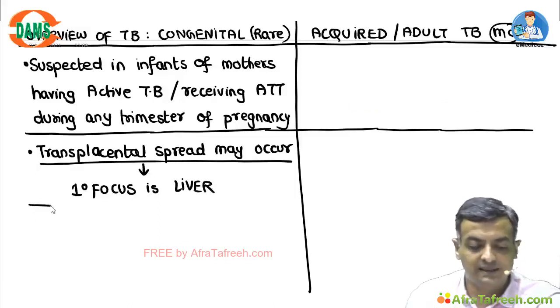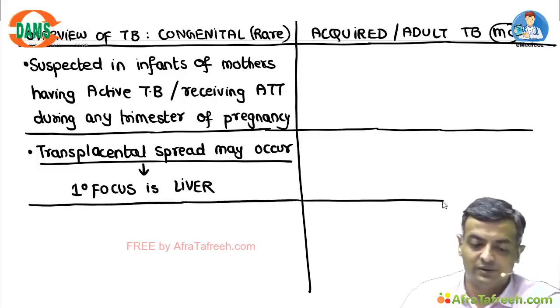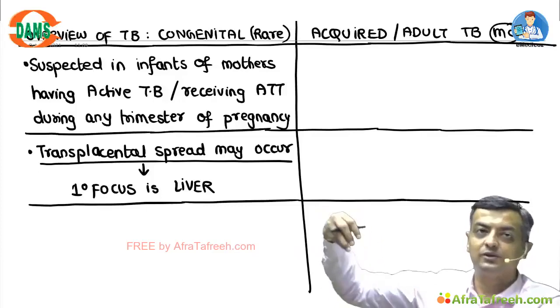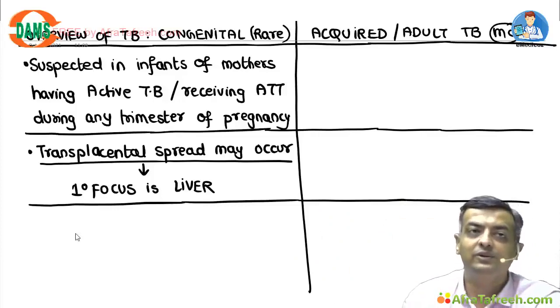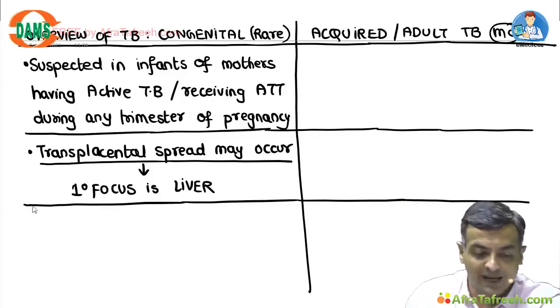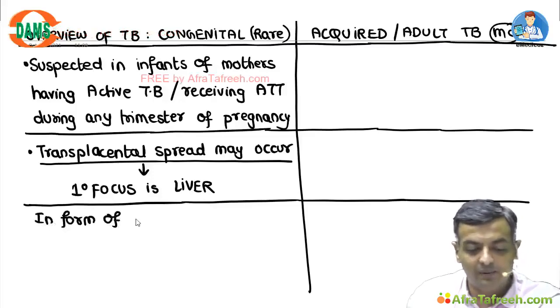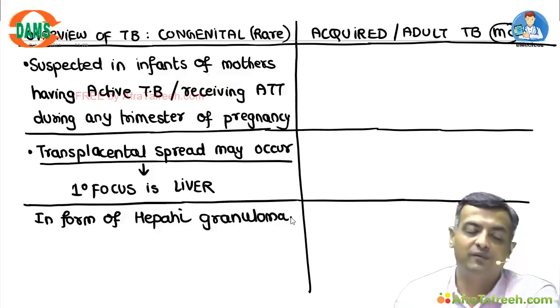The placental circulation connects to the fetal liver, so the bacteria from the mother's blood enter through the umbilical vein of the child into the liver. The primary focus is in the liver in the form of a hepatic granuloma, which is the most common primary focus.